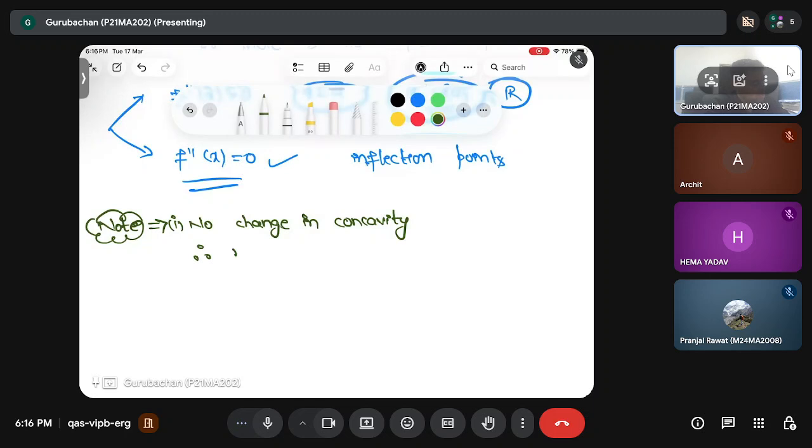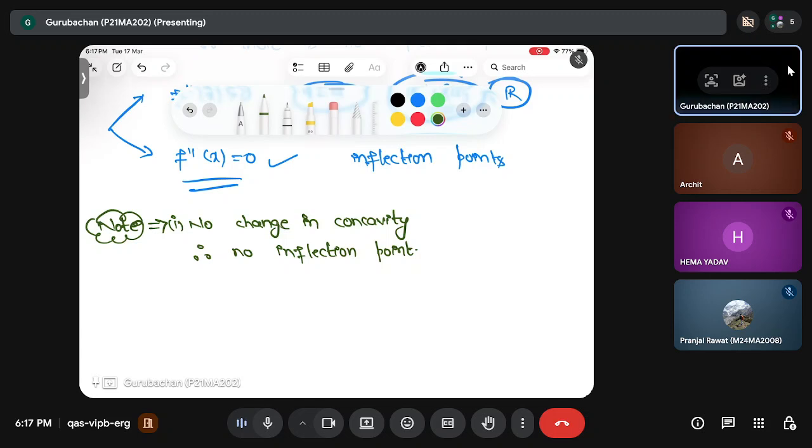Therefore, no inflection point. So that means whenever we want to check the inflection point, our concavity must change near or around that point.